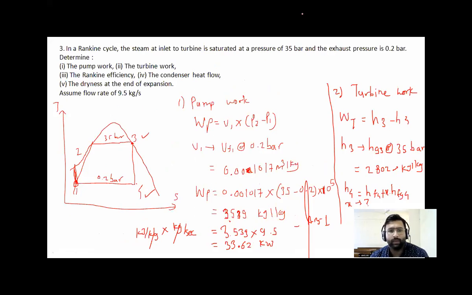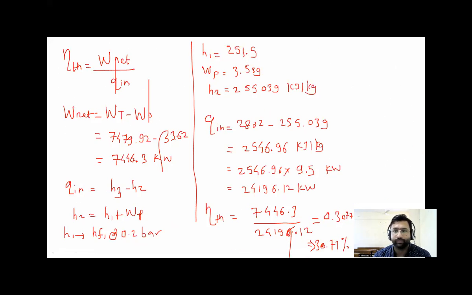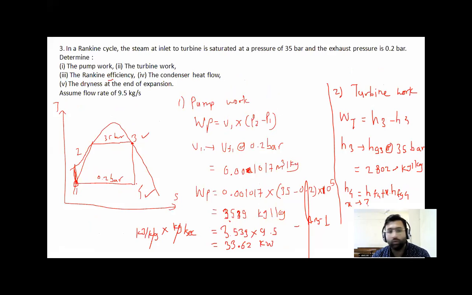Now last two things are remaining here: condenser heat flow and dryness at the end of expansion. The condenser heat flow is nothing but Q out. How to calculate Q out?